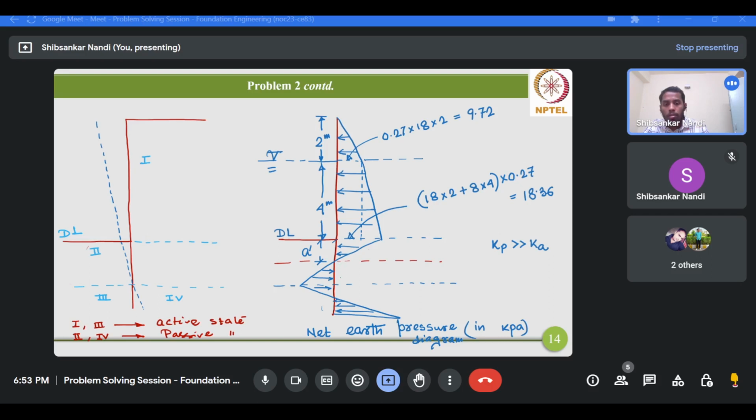So this is your O, this is your B, this is your C, this is your D, this is your E, F, G, H, and this is your I. In this way I have marked all the points.